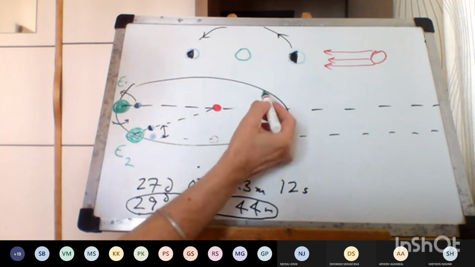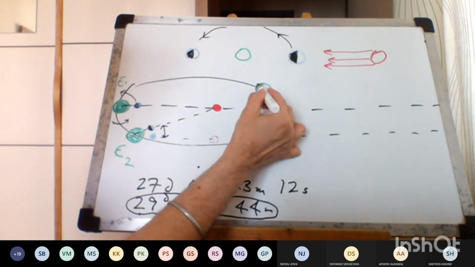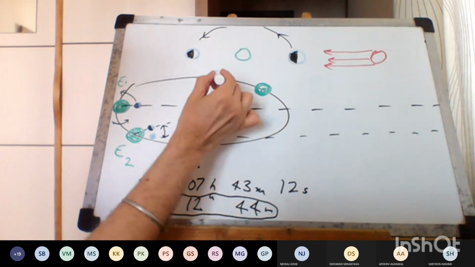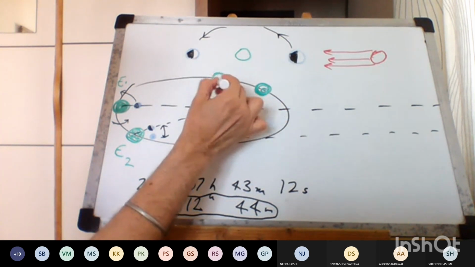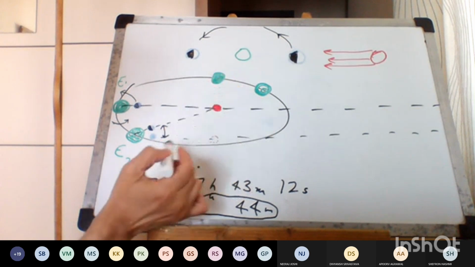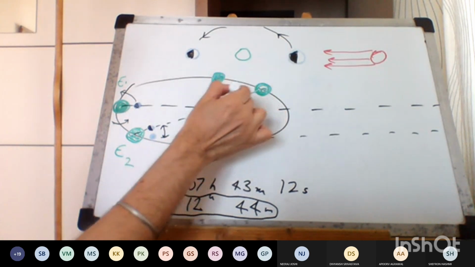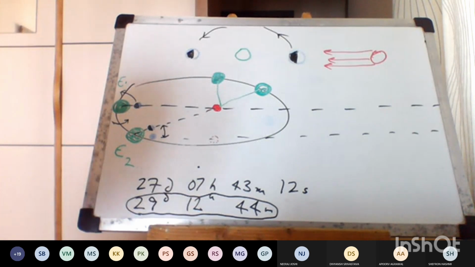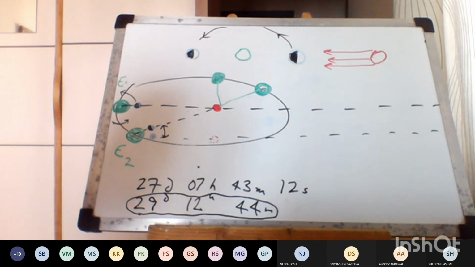So there may be a point when the Earth is here, and this is very close, so the Earth may travel a little more, and then this angle is much bigger than this angle. Yes or no? We spoke about angular velocities.